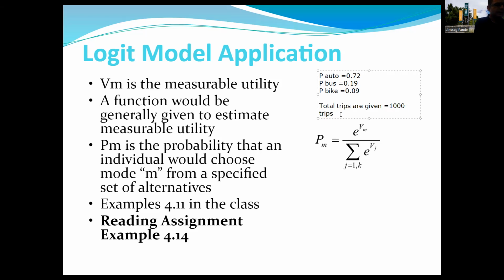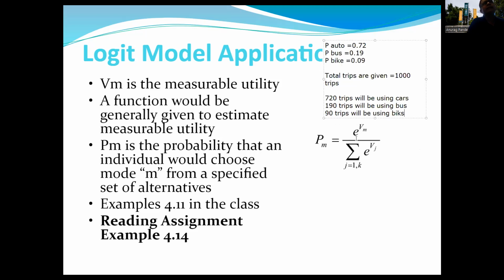That means 720 trips will be using car, 190 trips will be using bus, and 90 trips will be using bike. Once you establish the probabilities, you can convert the trips.